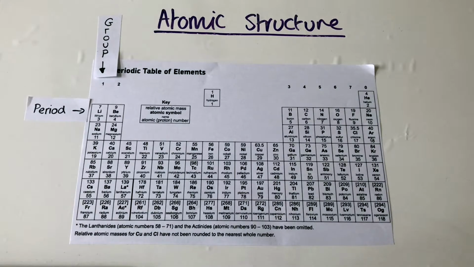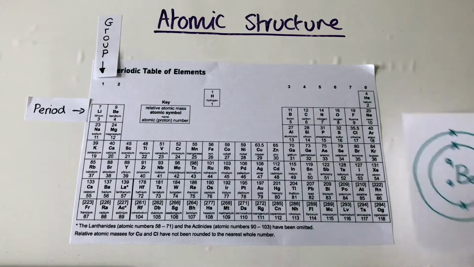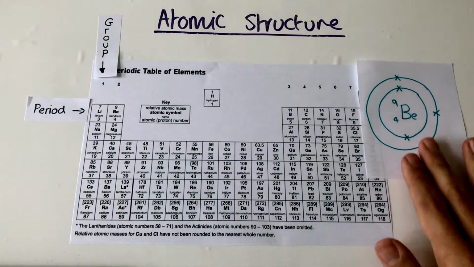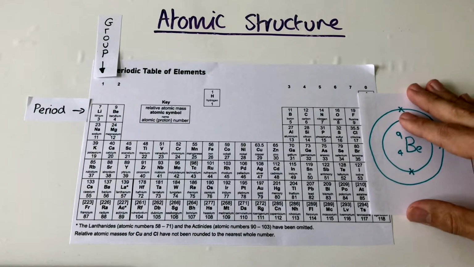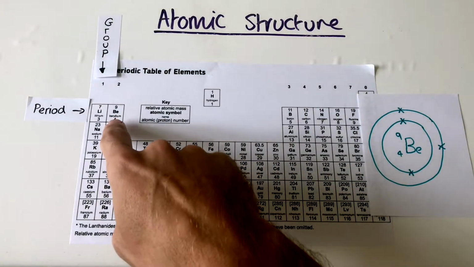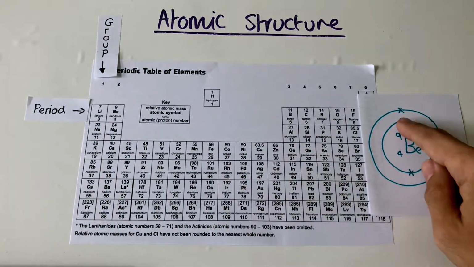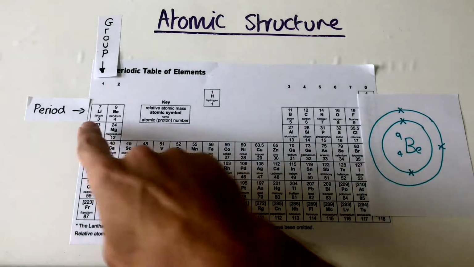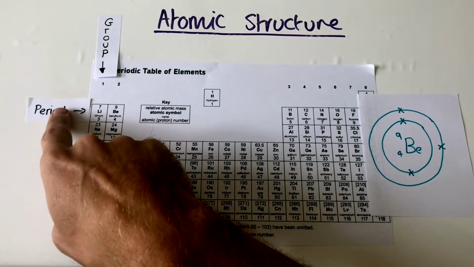So if I look at beryllium again as an example, I'm going to cover up some of the periodic table here. We've found that we have 4 electrons in beryllium just from looking at the atomic number of 4, so 1, 2, 3, 4 electrons for beryllium. But there's another really cool thing about the periodic table that's really useful.